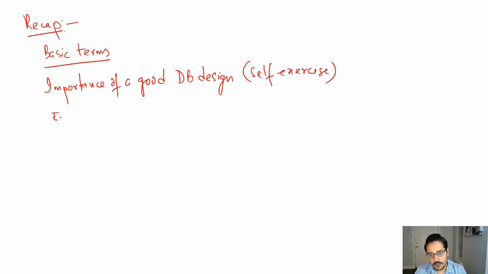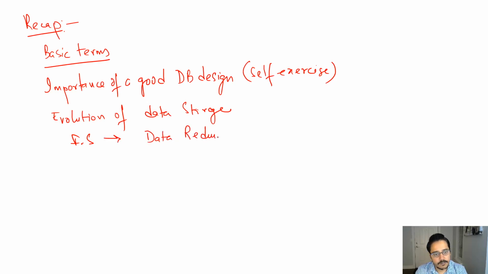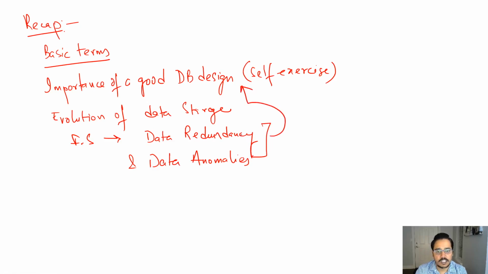After which we talked about the evolution of data storage, and we talked about the file system and specifically the problems of data redundancy and data anomalies. So specifically, we discussed these problems when we were talking about the importance of good database design as well.